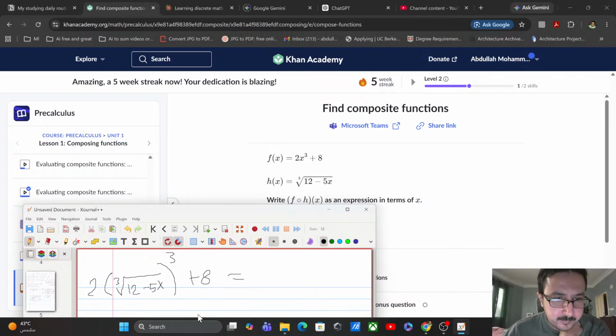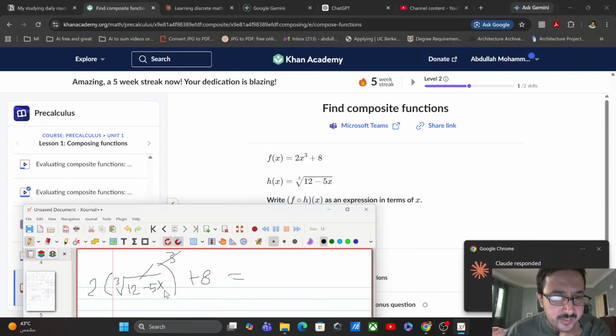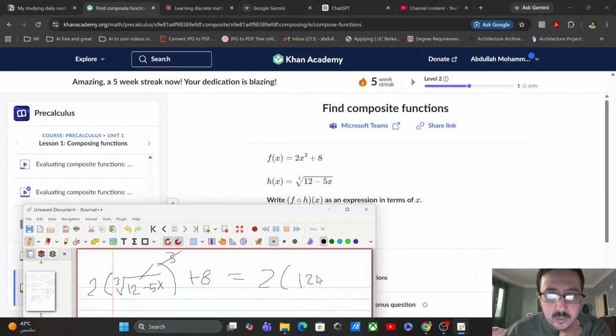So we'll do the distribution of the 2 over 12 minus 5x.